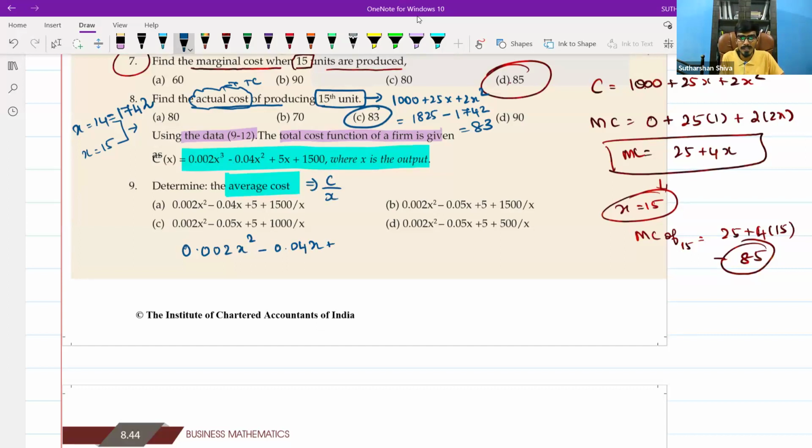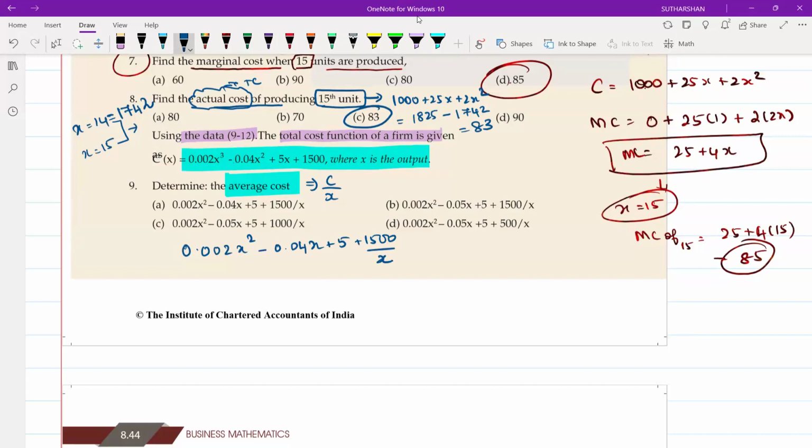Then plus 5x will become 5, and 1500 will become 1500 by x. So where is this option? It is in option A, right? Yes, sir. I will choose option A as my answer.